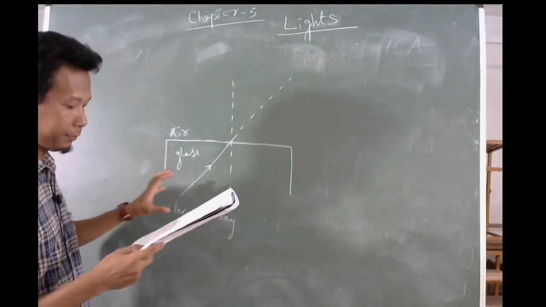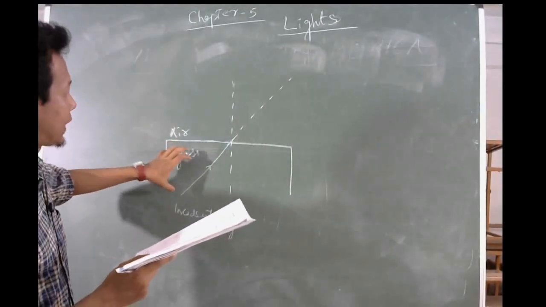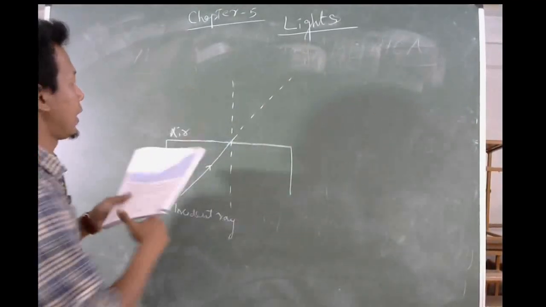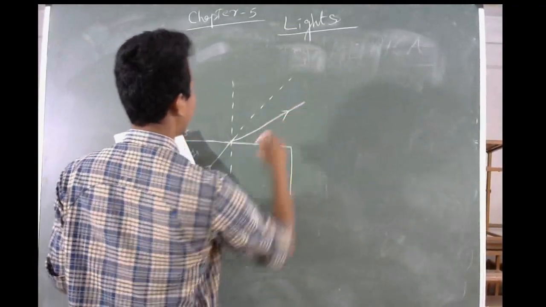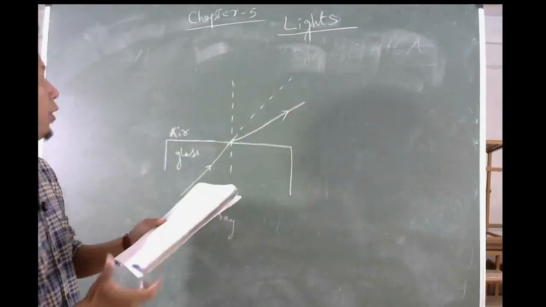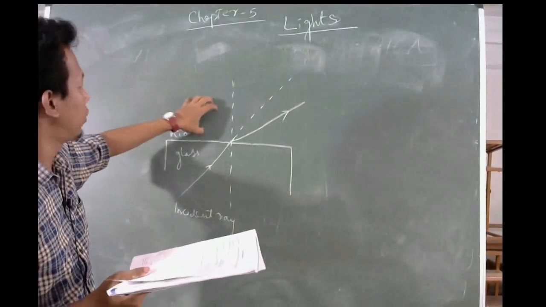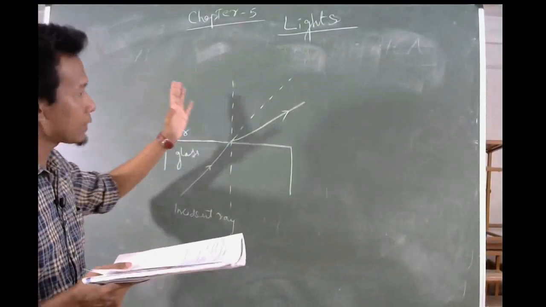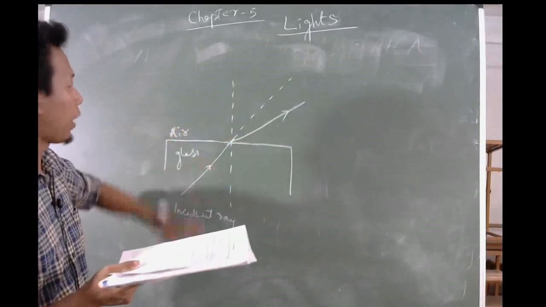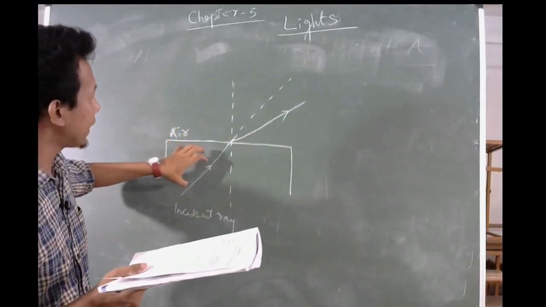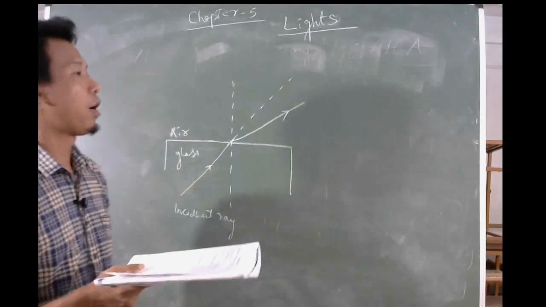But what happens here, when it is traveling from denser medium to rarer medium, it will deviate from the normal. Okay, we have seen when it is traveling from rarer medium to denser medium, the path is moving towards the normal. But when it is traveling from optically denser medium to rarer medium, it is moving away from the normal. Okay?